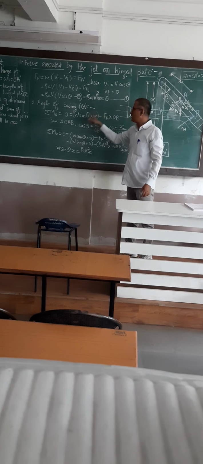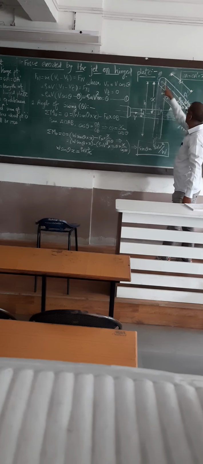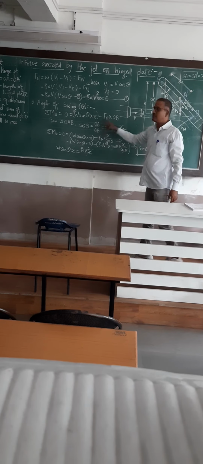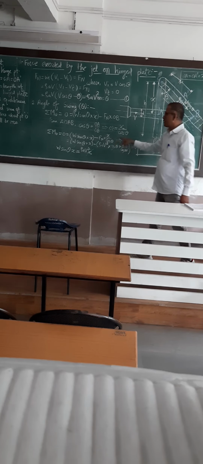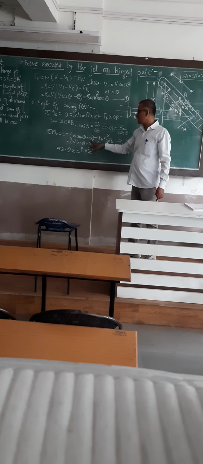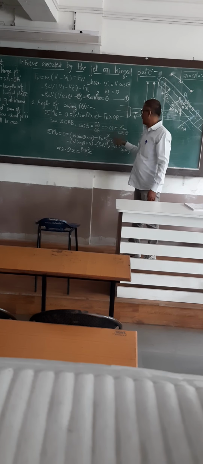So OB is equal to x divided by cos theta. Now putting these values by taking moments about O: W sin theta into OA dash, x, minus, because of the anti-clockwise direction, Fn into OB. OB is OA divided by cos theta, that is x upon cos theta.